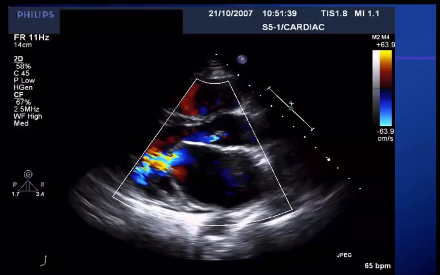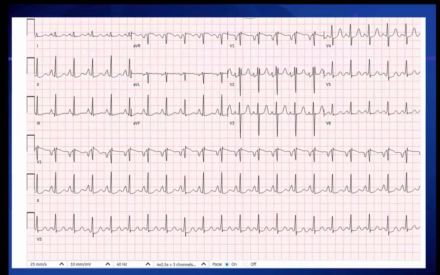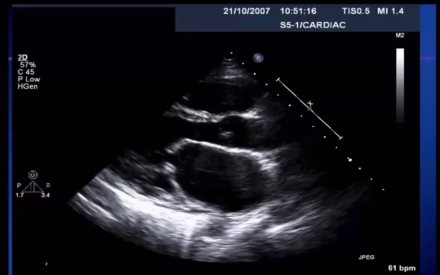Sorry, I will show you the ECG before that. So this is her abnormal ECG, where the P wave is quite large, quite tall and quite broad. And I showed you her echo showing the mitral stenosis.